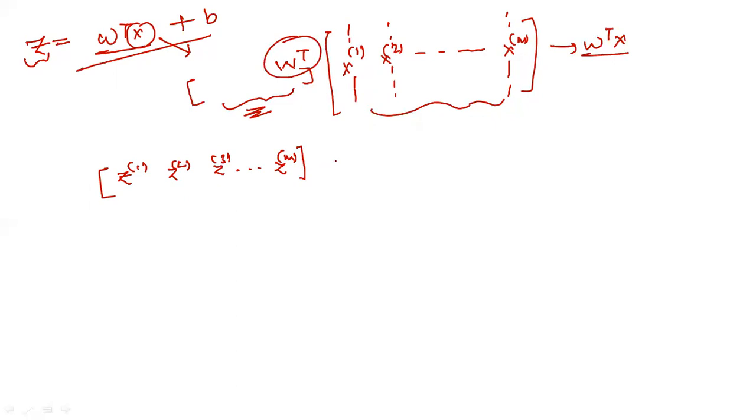And what would be the dimensions of this output row vector z? It would be a 1 cross m vector, because this would contain a single row, and since we have m training examples, this would have z1, z2, z3 till zm, so m columns. So this would be a 1 cross m dimension row vector.